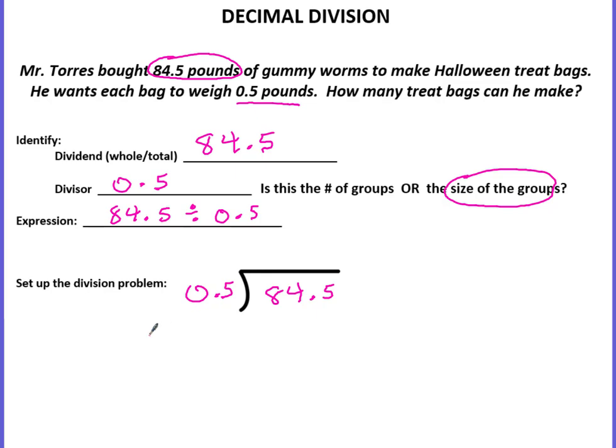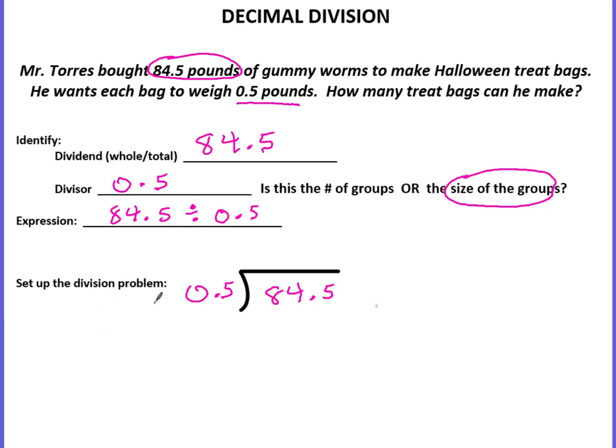Now, be very careful. A common mistake is that students believe that the larger number always has to go inside the house. Now that we're dealing with decimals, numbers with parts, that's not always going to be true. Sometimes it might be smaller.